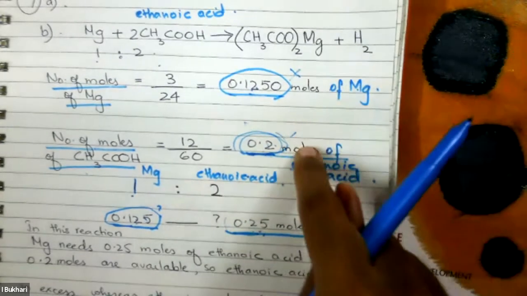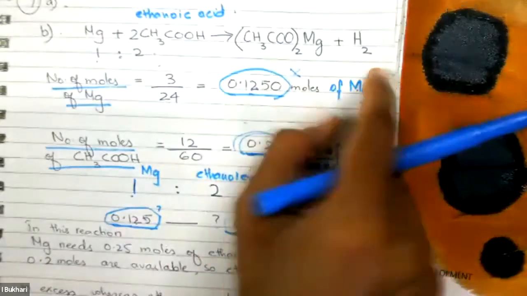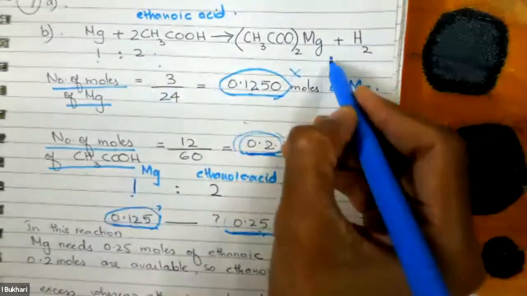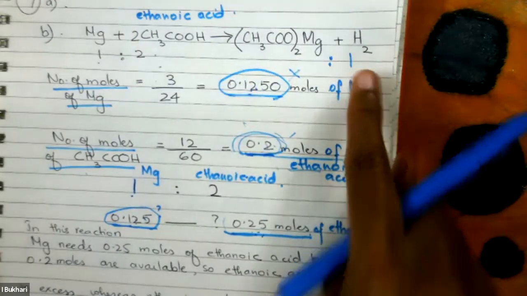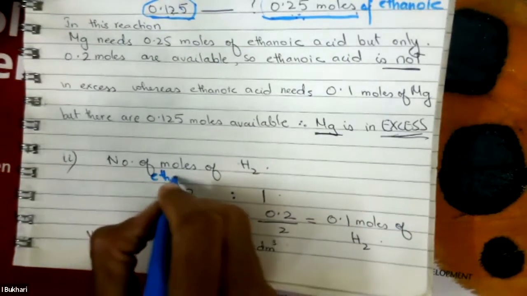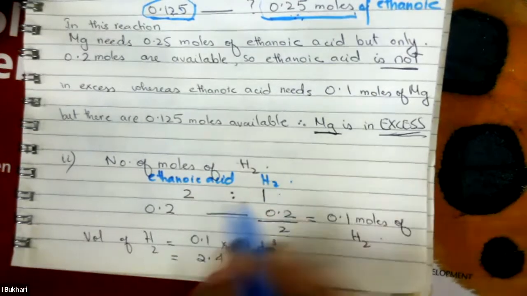So I will use the number of moles of ethanoic acid and use the ratio. The ratio of ethanoic acid to hydrogen is 2:1.